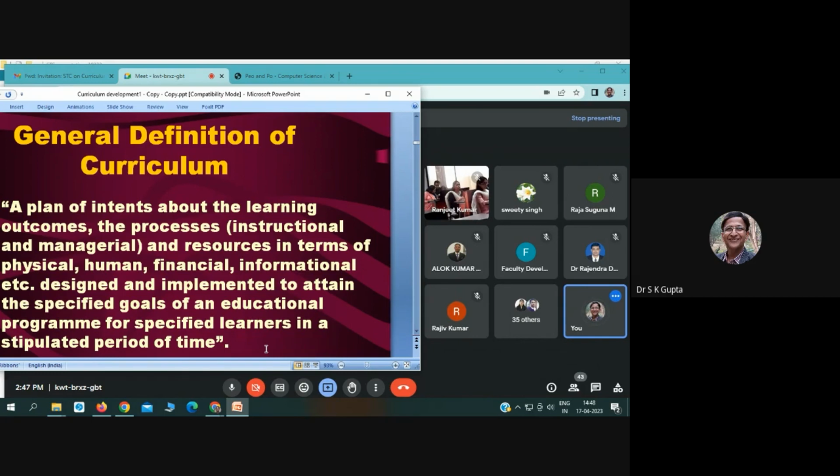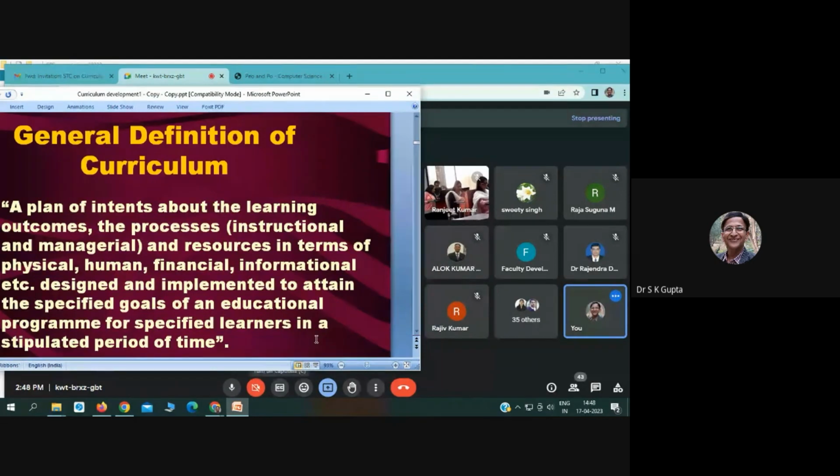Because now, as per NEP 2020, we have multi-entry and exit. So accordingly, we will have to design our programs for specified learners.